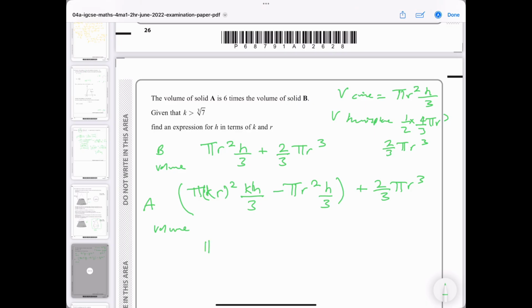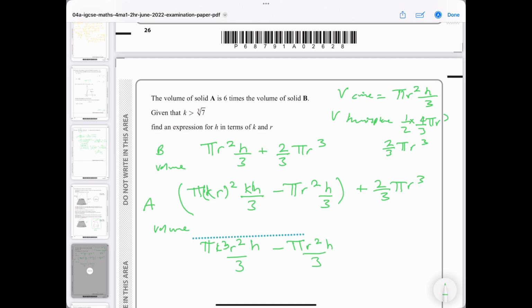So that's pi k squared r squared times k h, so that would be k cubed h, over 3, minus pi r squared h over 3.